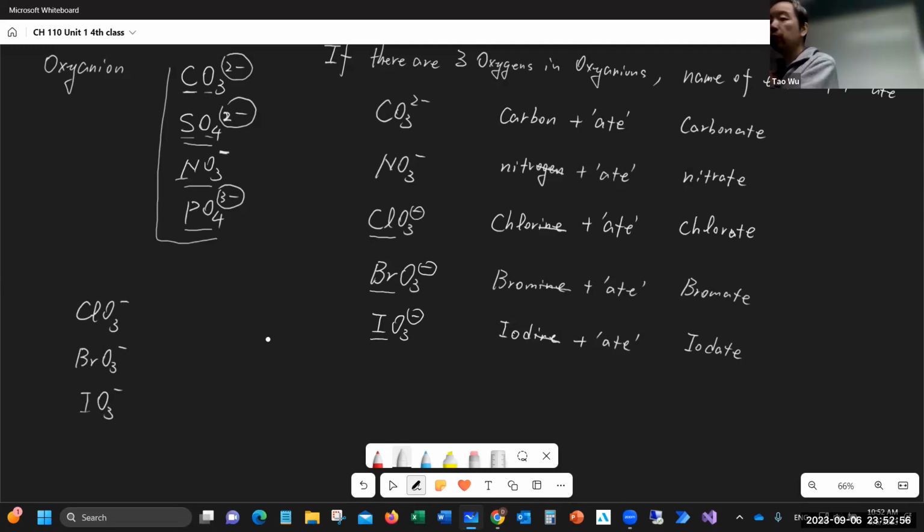If you're looking at sulfur, this guy has 4 oxygen, this guy has 2 negative charge. And if you do not see this one, what is the charge of this? Selenium and sulfur are in the same group. So selenium has the same oxygen, just like sulfur, and generally you should have the same charge. Okay. And next one, if you have nitrogen, it has a 1 negative charge, right?